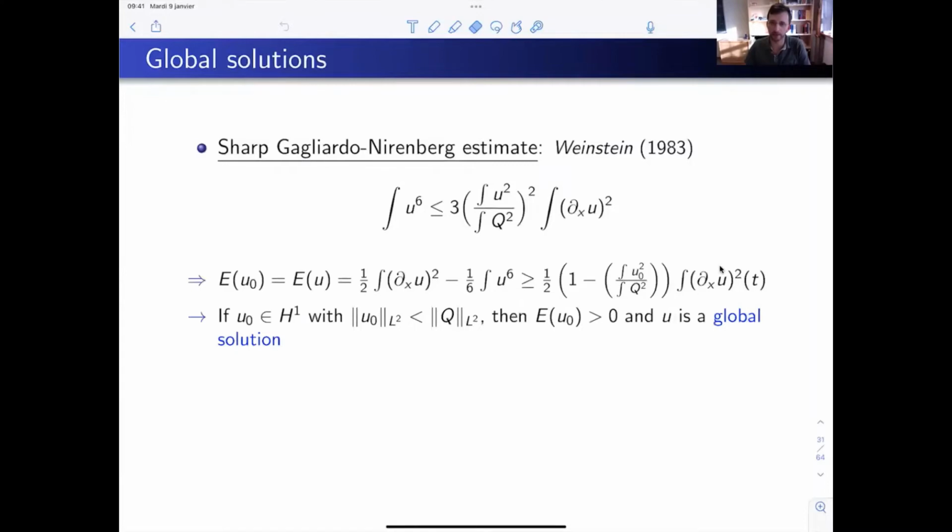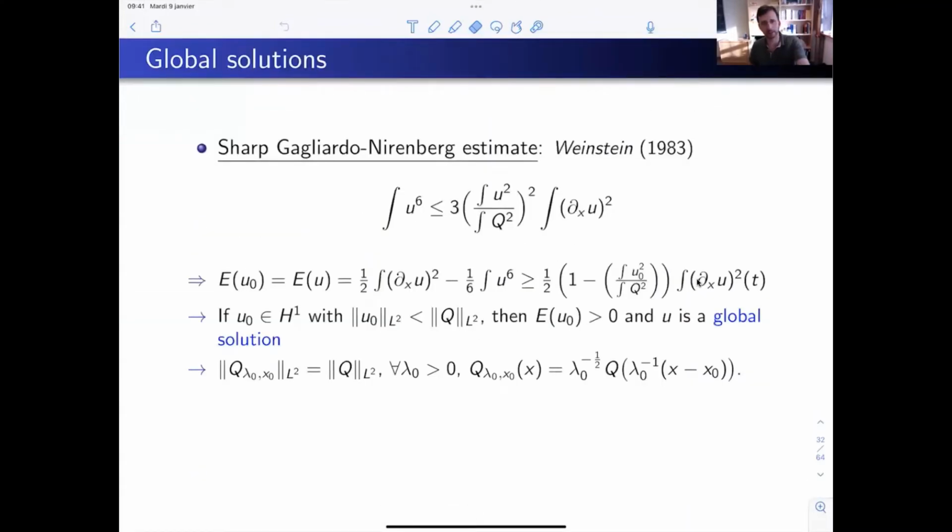And second, you get a bound on the L2 norm of the gradient, independent of time. And since you already knew that the L2 norm of u is conserved, this implies a bound on the H1 norm of u. Then by reapplying the local theory, you easily deduce global solutions. So this is quite classical.